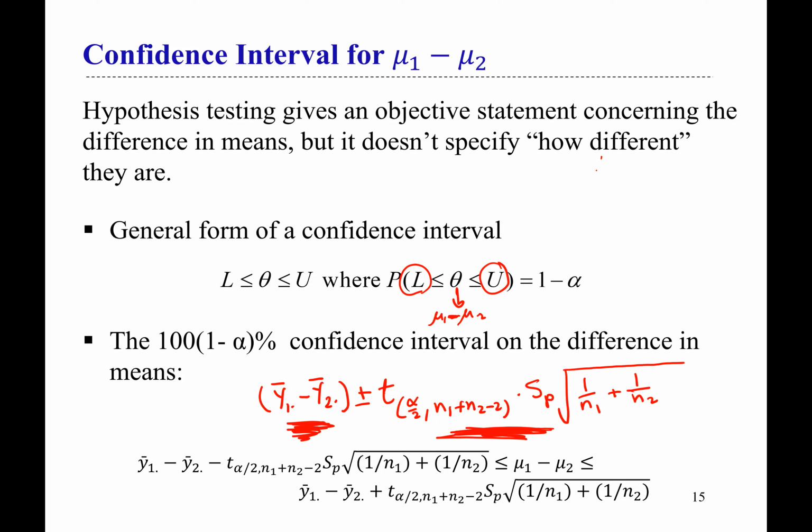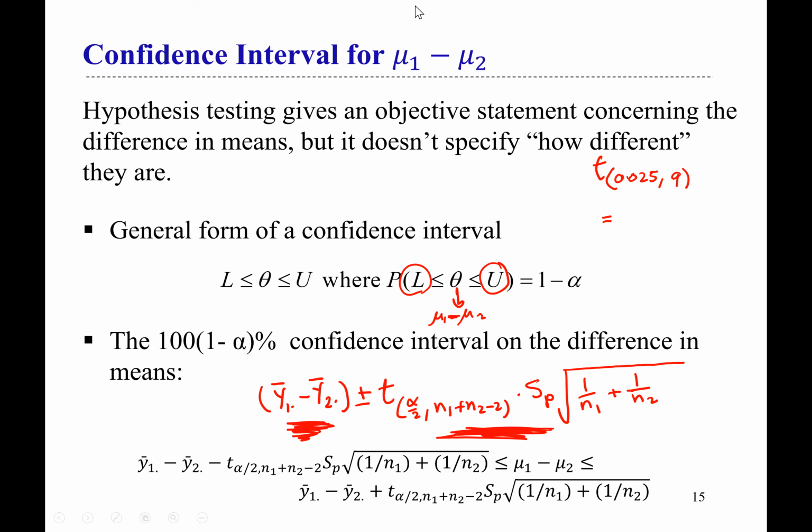Alpha is 5%. 5% divided by 2 is 0.025. And degrees of freedom n1 plus n2 minus 2: 6 plus 5 is 11, 11 minus 2 is 9. Now you go to the t distribution table, find degrees of freedom in the first column and 0.025 in the first row, and the intersection is the t value.